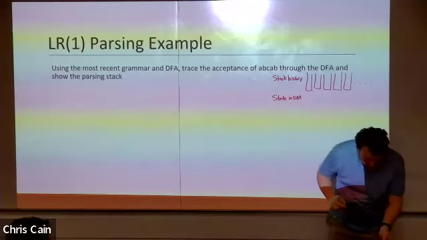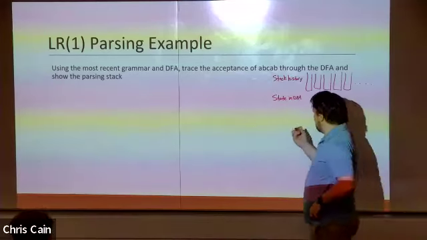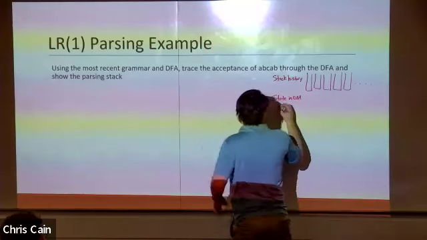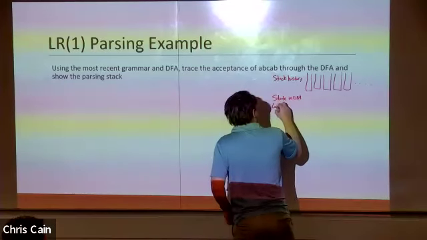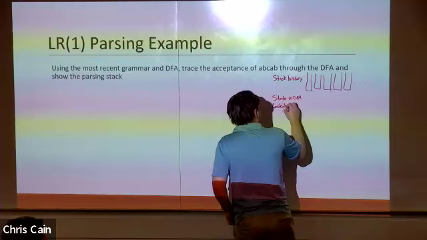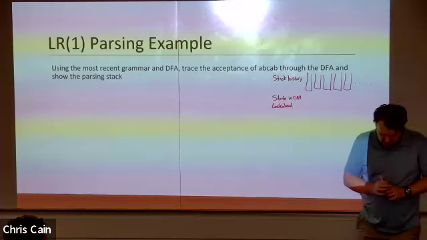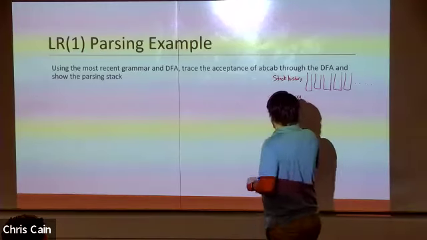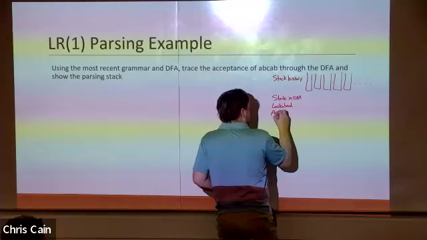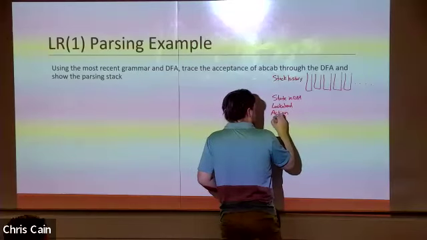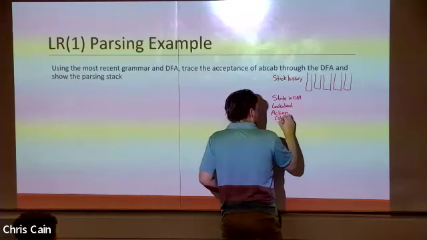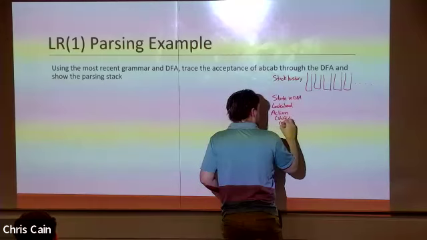Beyond that, you need to know what character you're looking for, so your one character look ahead, because remember this is LR1. And then finally, what is the action that we're taking? It's either a shift or a reduce.